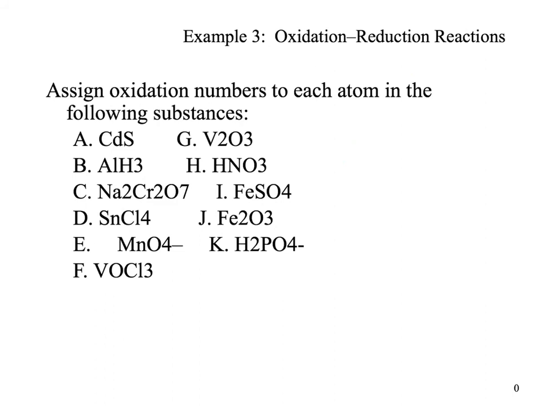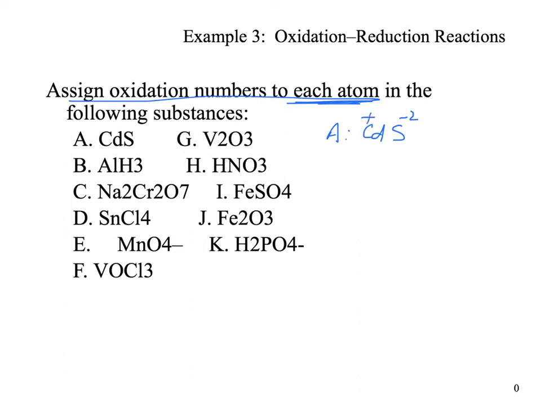Alright, the question is that you have to assign oxidation numbers to each atom in the following substances. So realize some of these are polyatomic, some of these are binary. So we'll take one at a time. Let's consider CdS. Since sulfur is group 6, that's going to be -2.